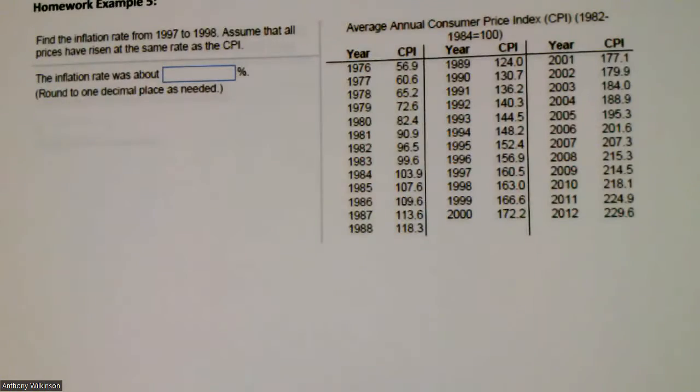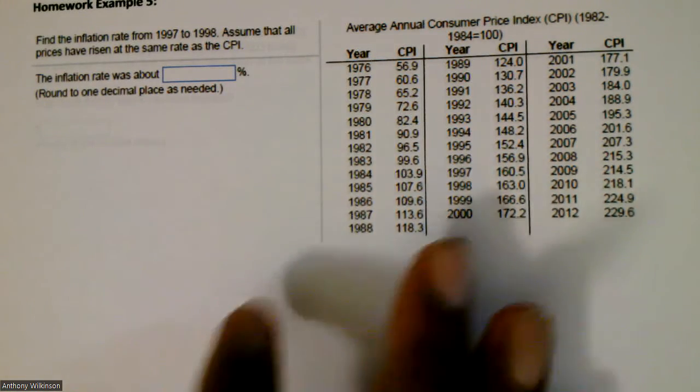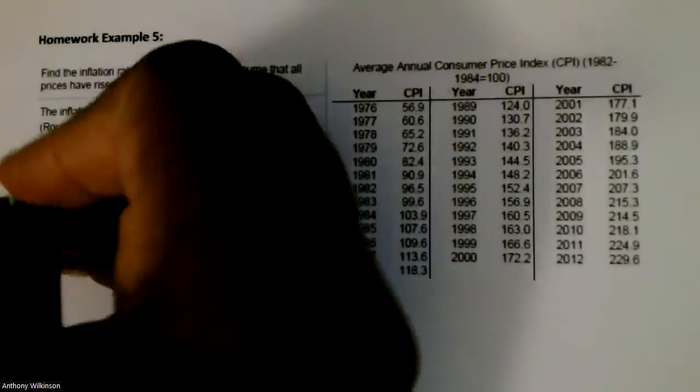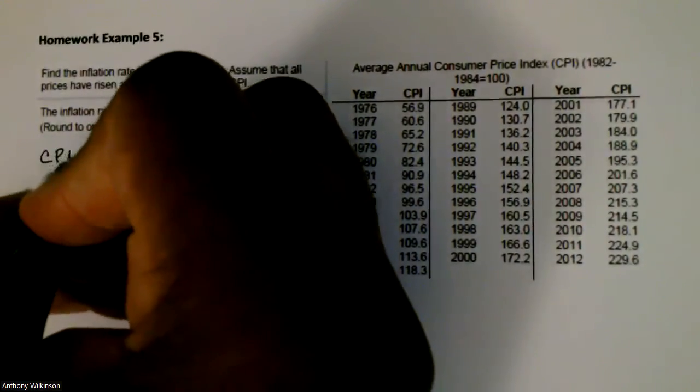So on the next page, this example, number 5, is like that. Find the inflation rate from 1997 to 1998. Assume that all prices have risen at the same rate as the CPI. Okay, so the CPI for X is going to represent 1997. And by the way, X is going to be 1997 and Y will be 1998.